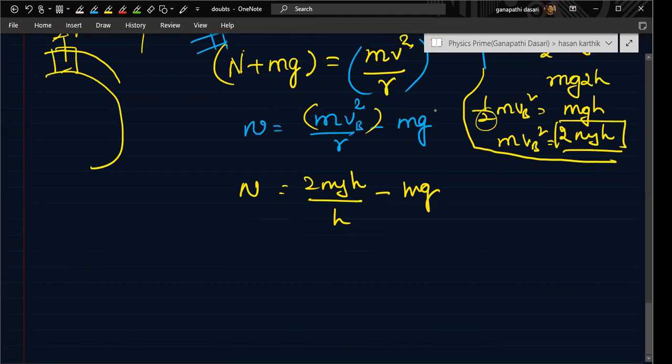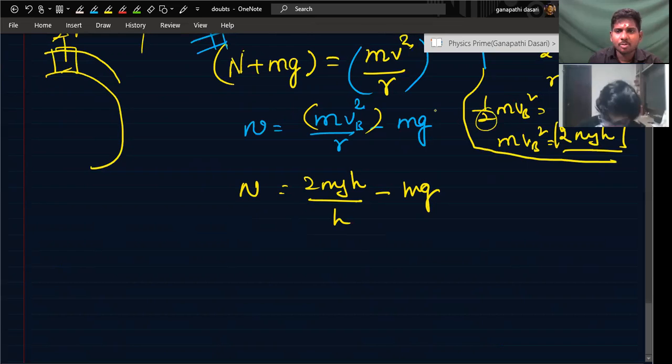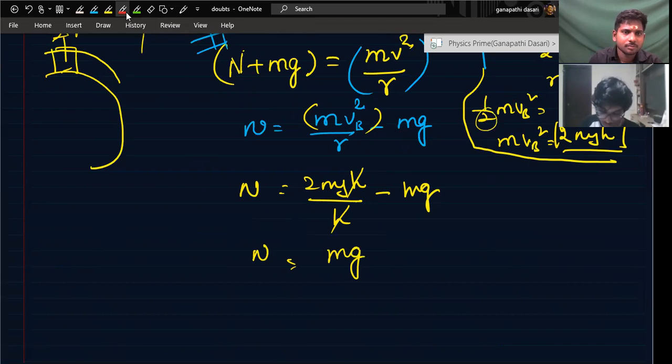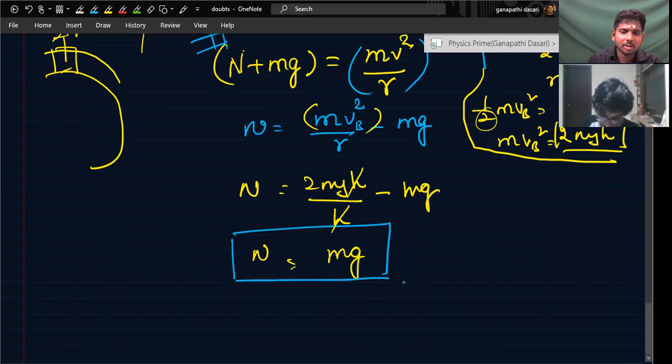Now m vB square is 2mgh from the work energy theorem, and I substituted that 2mgh divided by h. Then h gets cancelled. 2mg minus mg is how much? The normal reaction will be mg. Did you understand? Is it the correct answer?